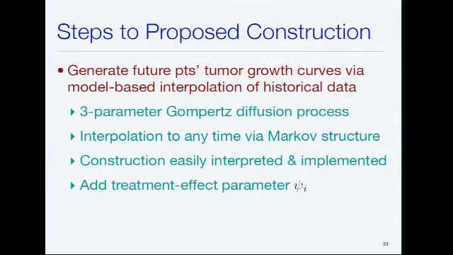We can easily construct and demonstrate for our clinical colleagues what the tumor growth curves would look like, which are easily interpreted. And then we also reparameterize things so that there's just a single treatment effect parameter in the model. And then we can elicit from the experts what they think the treatment effect might be and how likely it would be this large or that large.